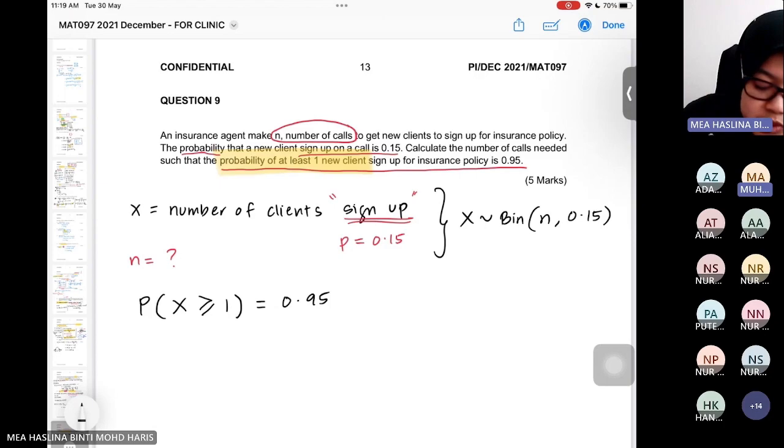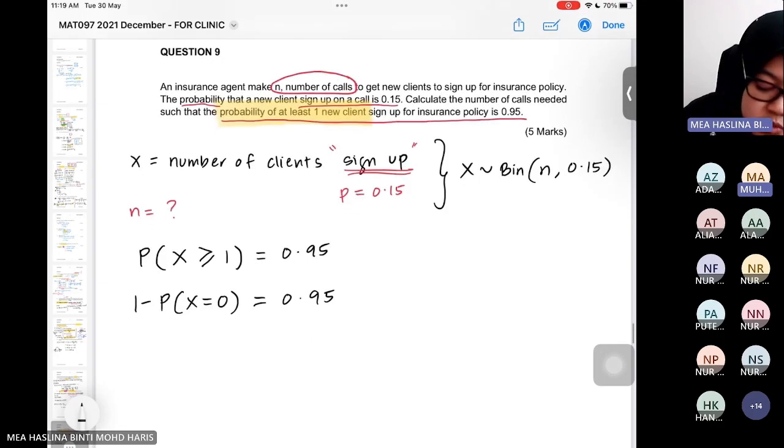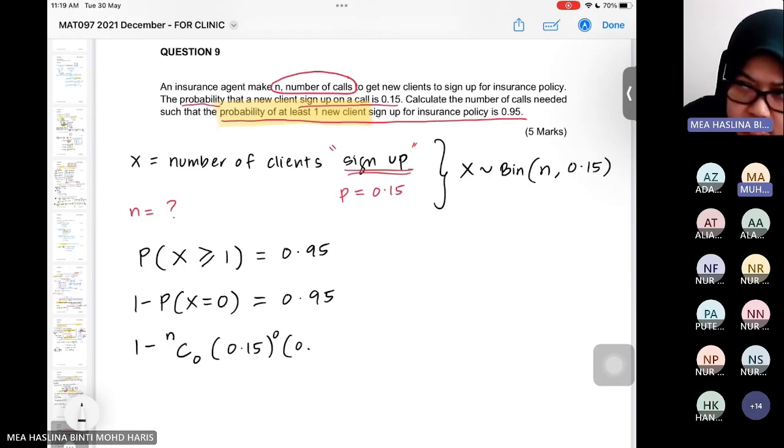So what we can do is 1 minus probability of X equal to 0 equals 0.95. So 1 minus NC0, 0.15 to the power of 0, 0.85 to the power of N, equals 0.95.